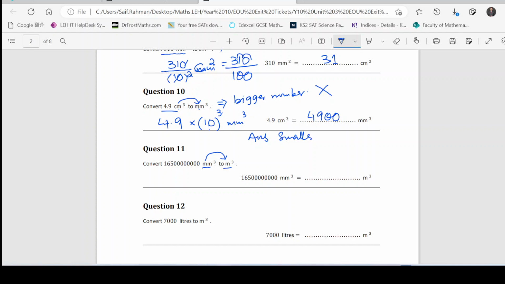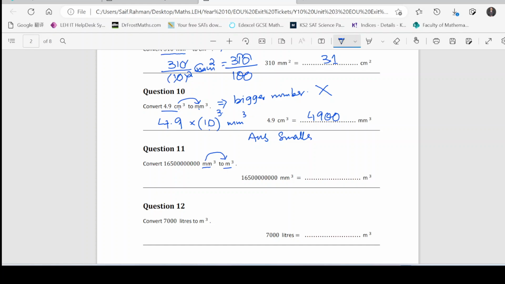So here liters to meter cube. So here the unit is now a little different, right? Liter is a liquid unit, and this is a distance or a volume unit. So here we have to remember the conversion, in which 1 liter is equal to 1000 centimeter cube.